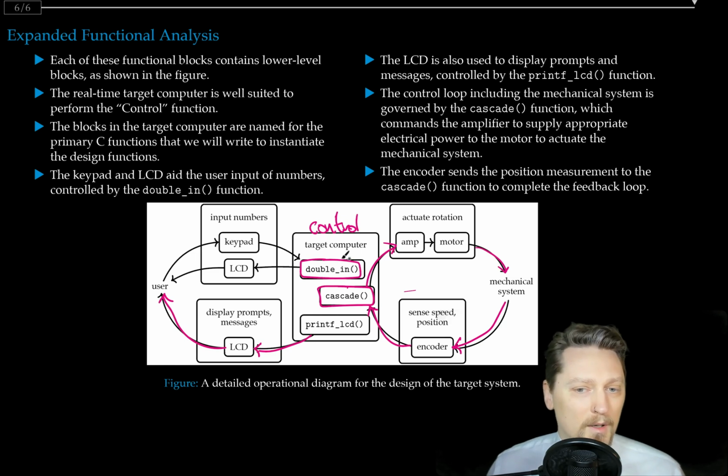Right now, we're working on the user interface. So we're going to be working in double in, printf LCD, etc. But we're going to work our way up to Cascade, which is going to implement our feedback controller, our digital controller for this feedback control system.